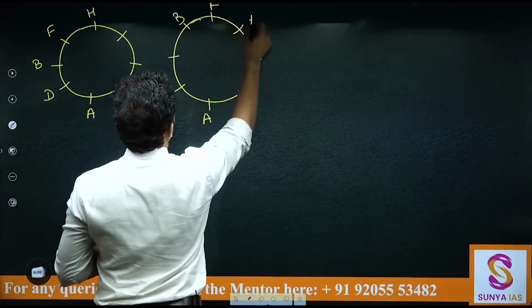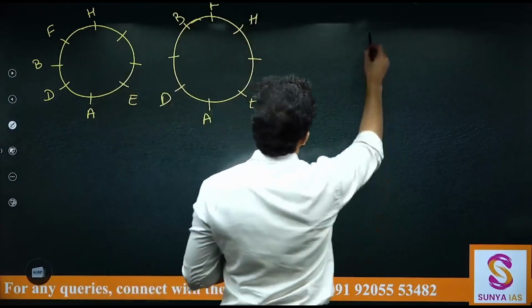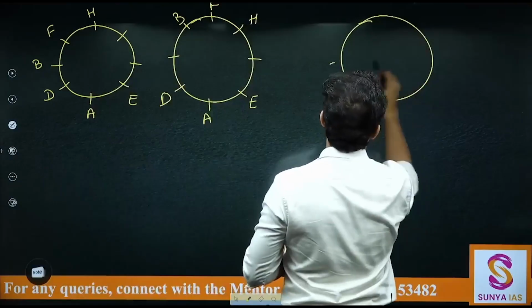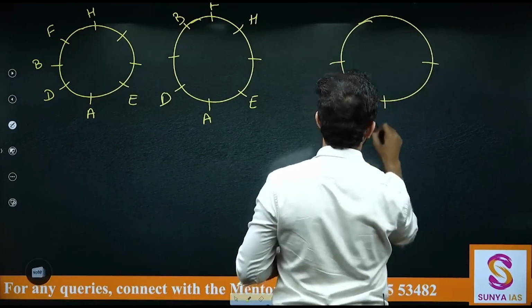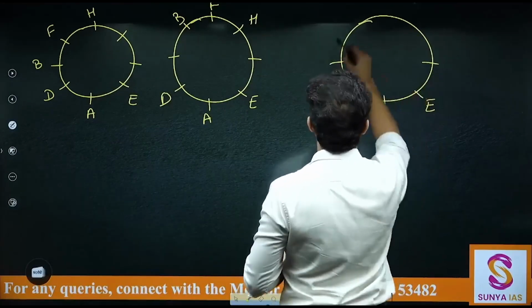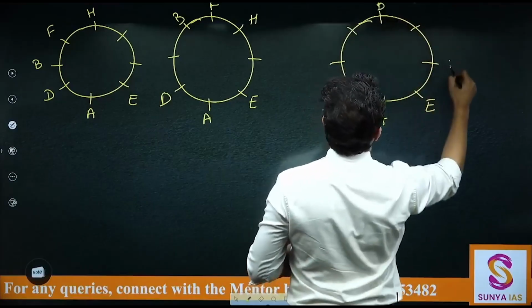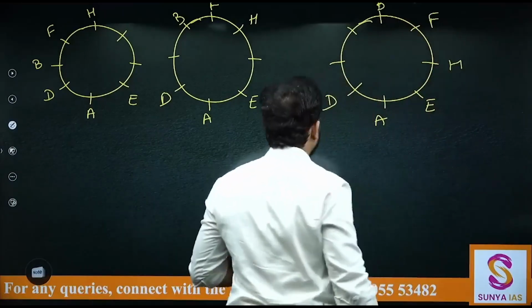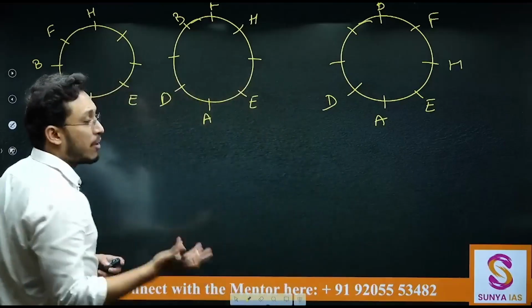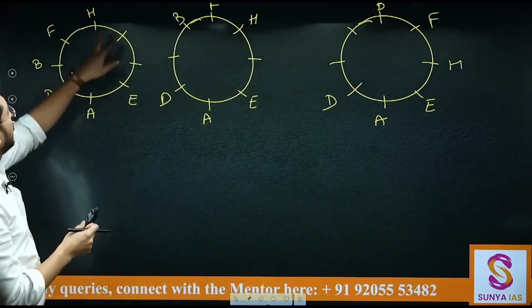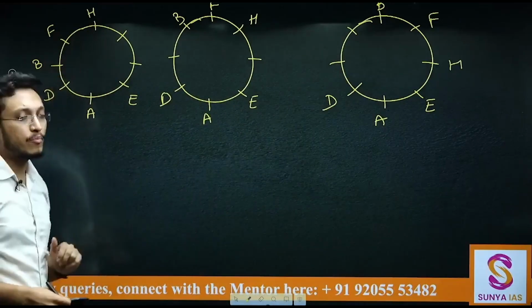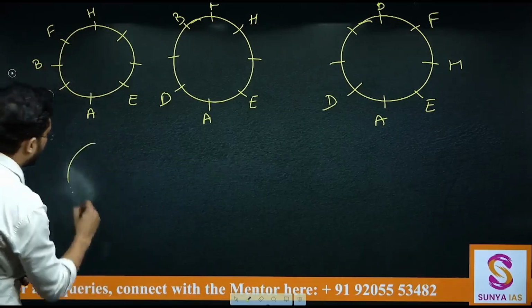So B, H, F. It can be like this. अभी I can reverse it also कि H और B अपनी positions change कर ले. We can make certain cases like this also.